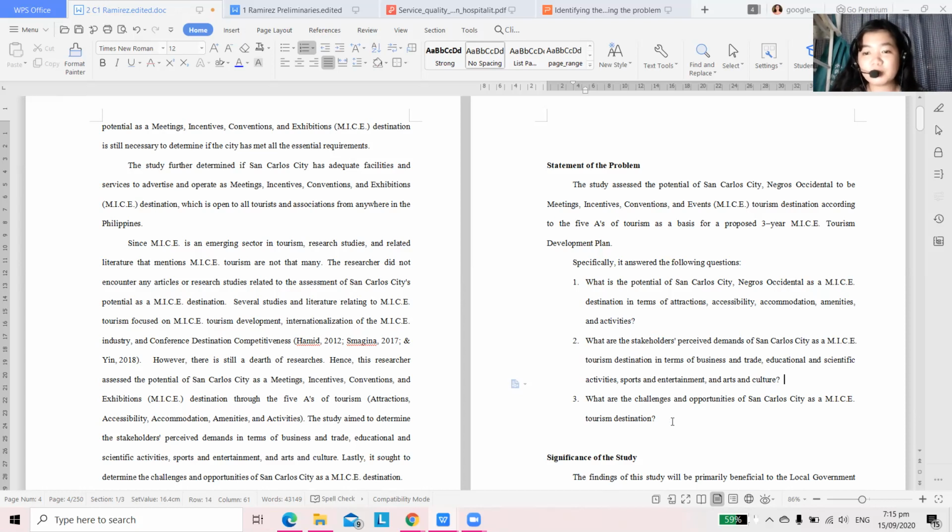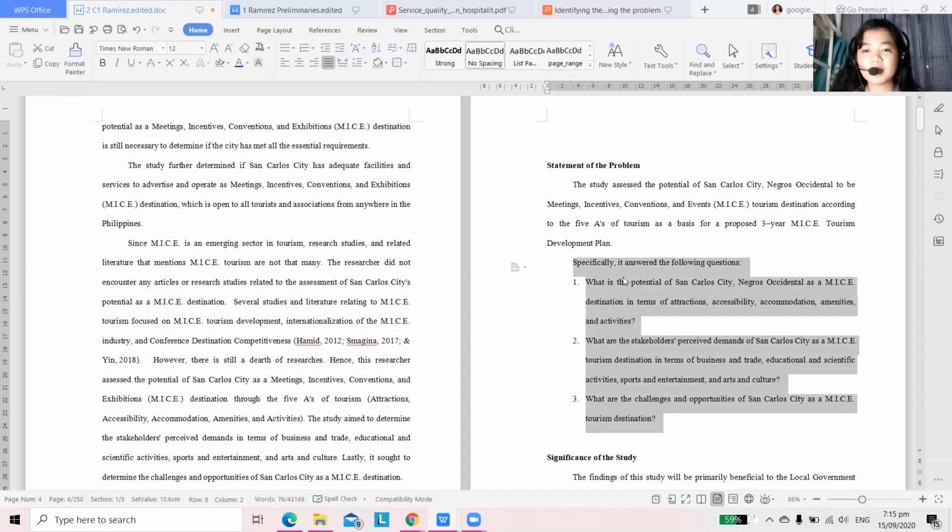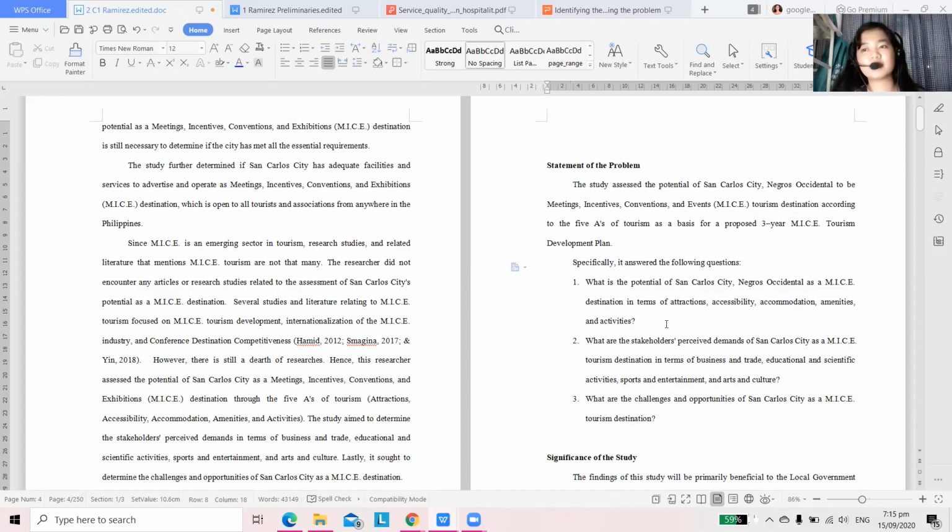So you now have questions you want to find answers to by the end of your research. Why? Because your statement of the problem is the backbone of your study and sets the course of the study.